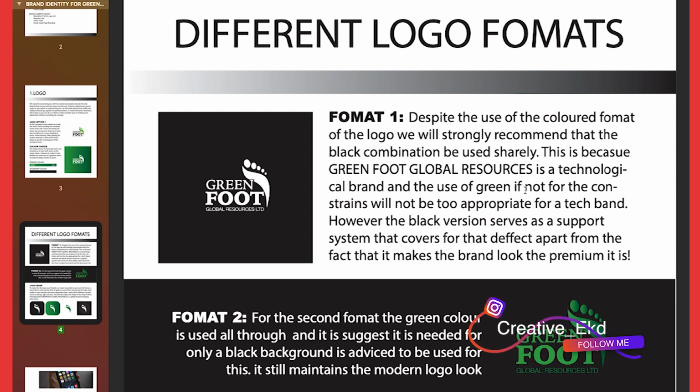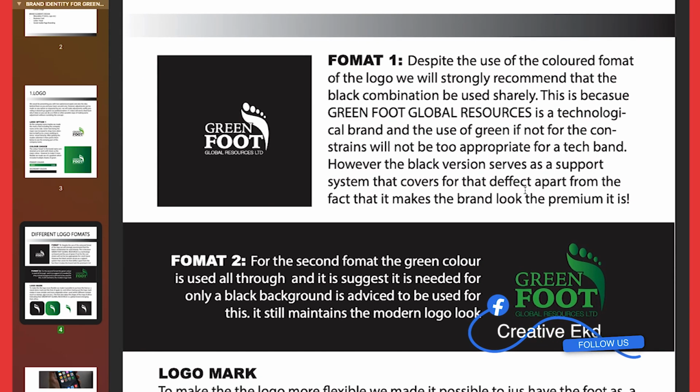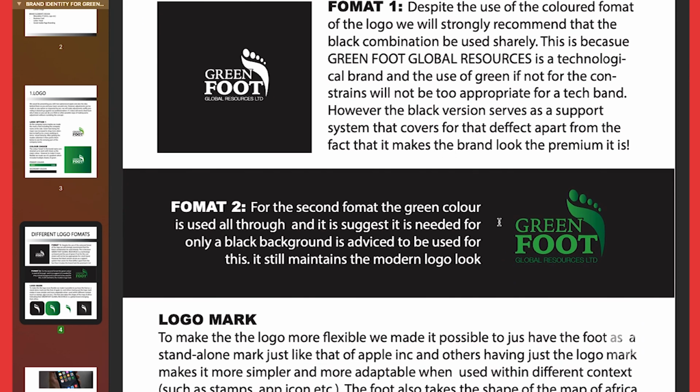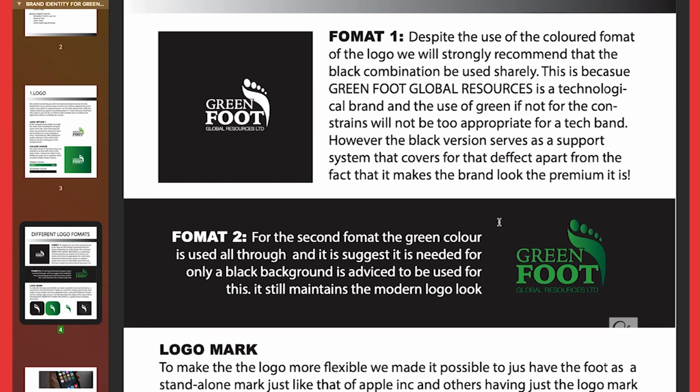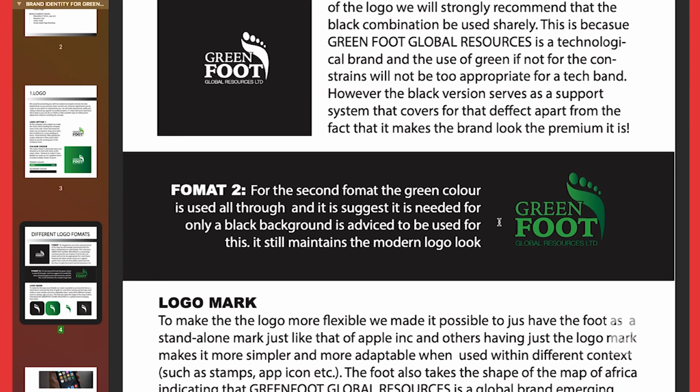It's a tech company, so using green everywhere would make it look like an agricultural company. So I strongly recommended them to work with the black. Like I said, it was a restricting factor to use green because of the name, but nevertheless it was still okay, and using black to support it would greatly do justice to the logo.